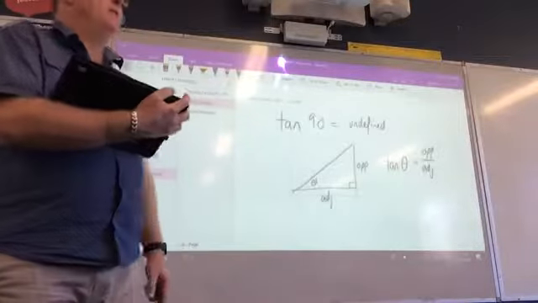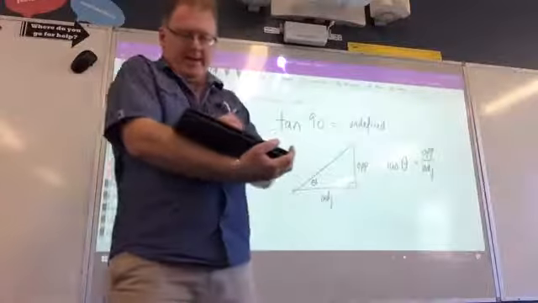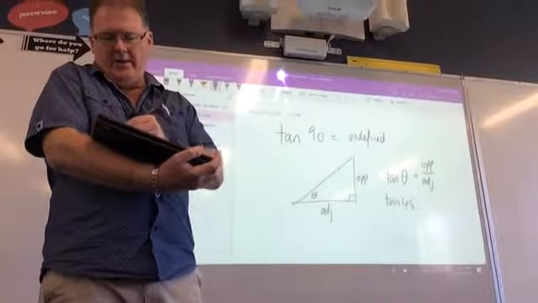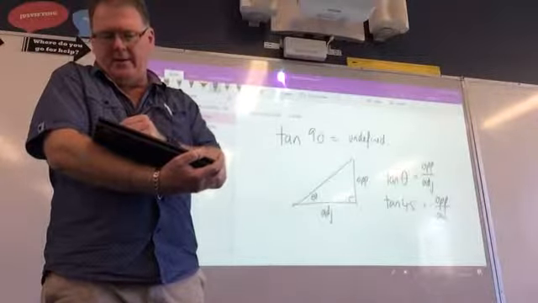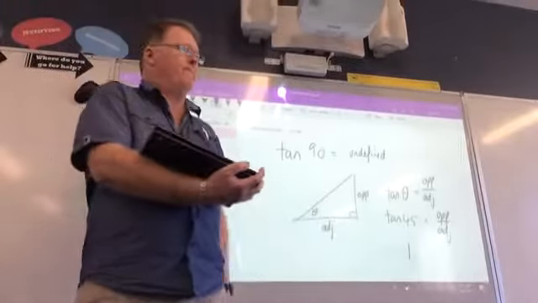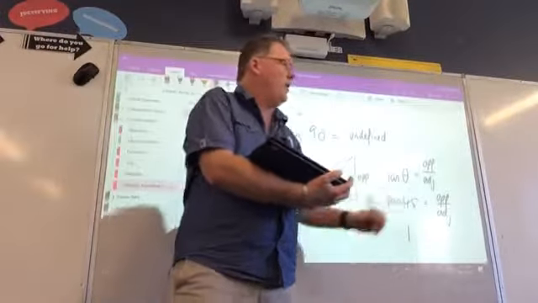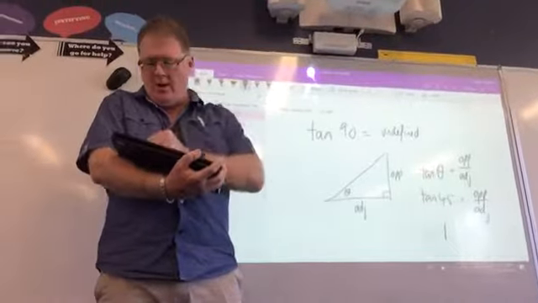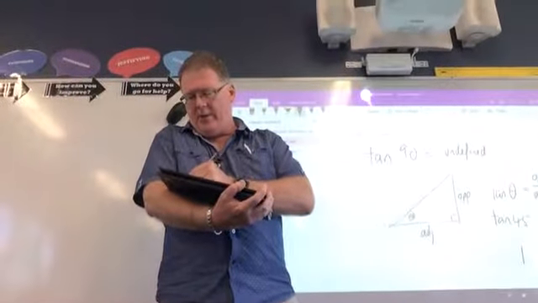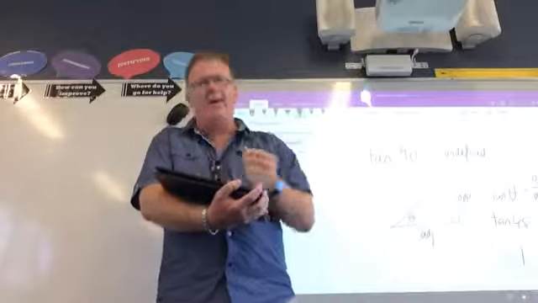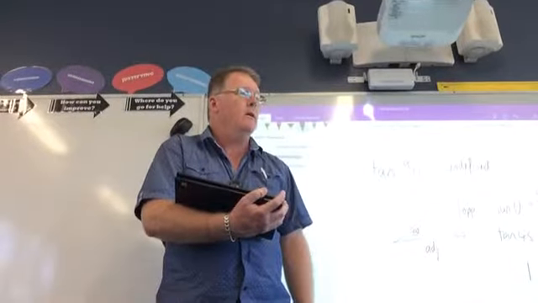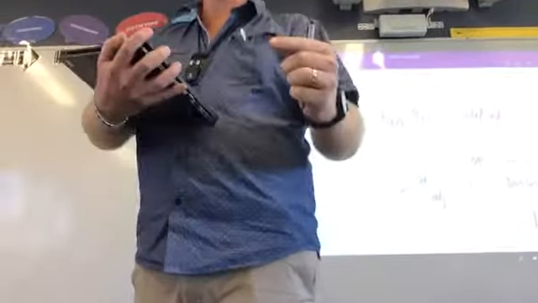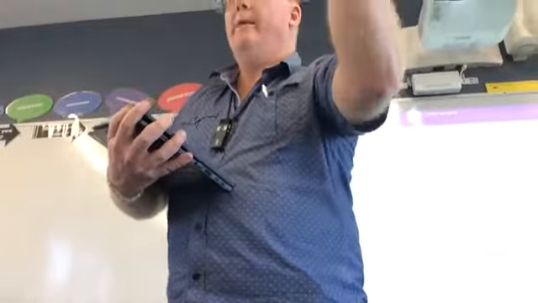If the tan of 45 is equal to 1, so what we're saying is tan 45 is equal to opposite over adjacent, and that's equal to 1. Do we agree with that statement? Yes? Your calculator's given you 1? That must mean that the opposite side and the adjacent side have to be the same length, because any number divided by itself is 1.